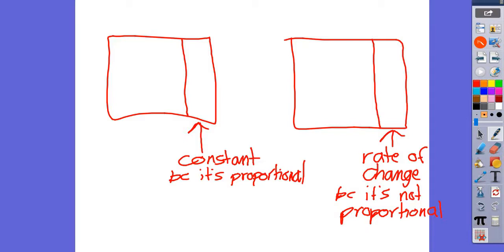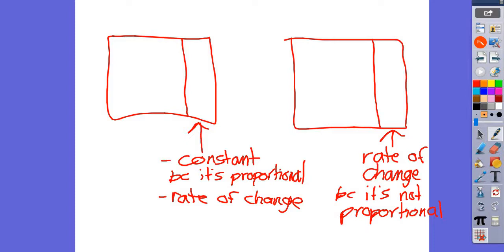However, I could also call this a rate of change, because it had a rate. But can I call this second table, can it have a constant of proportionality?